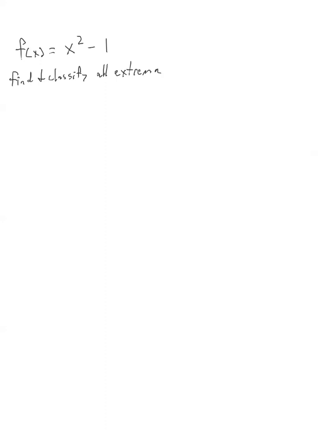So first of all, what we want to know first, step 1, is we want to find critical values. And then step 2, once we have them, we want to classify them as min or max, or that really weird, lame case where it turned out to be neither.